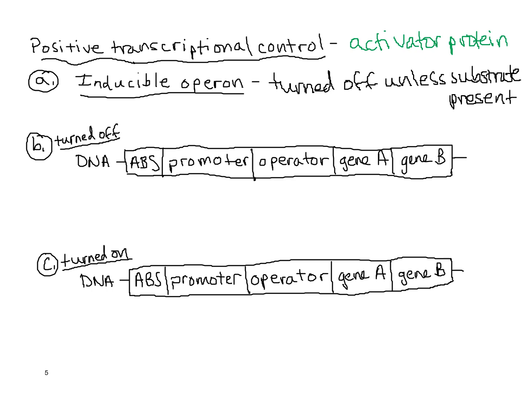Okay, so if I put this scenario on the test, the next thing I would ask after asking you to define what an inducible operon is, I would ask you, how would this inducible operon be turned off if it's under positive transcriptional control? So we've got to think about where the activator protein would be if this operon is turned off. So if it's turned off, the activator protein would not be bound to the activator binding site.